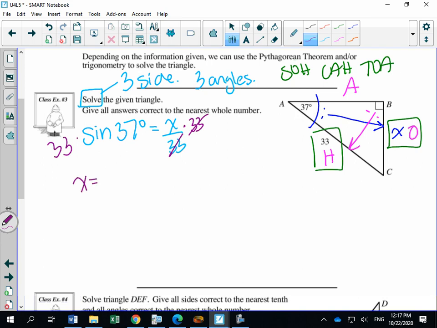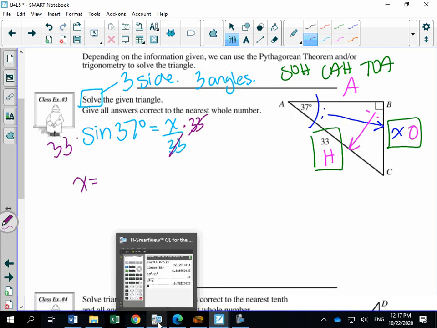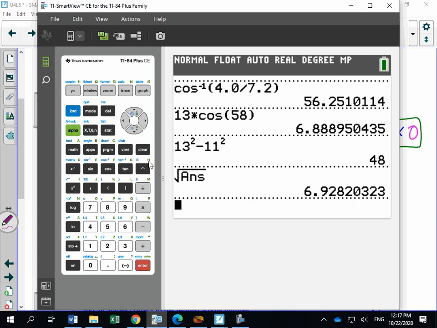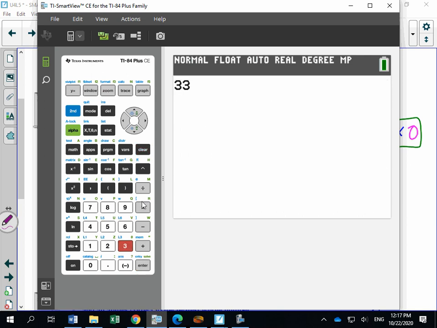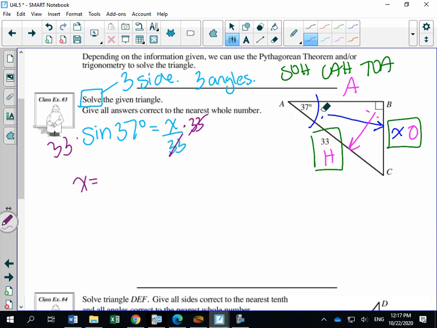X is equal to, I'm going to look at the question. It says to the nearest whole number, which is going to help me with my rounding. 33 times the sine of 37. 20 would be my answer. And I look, and that would be 20 units because they don't tell me.